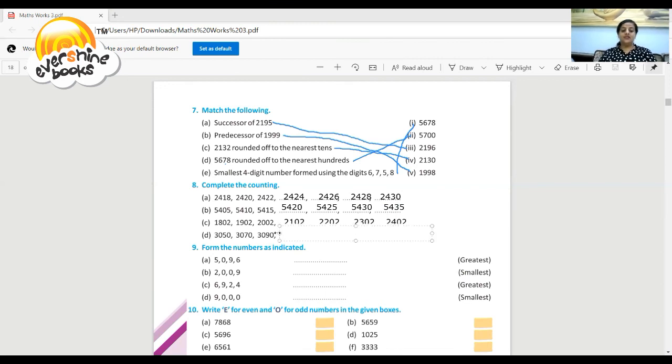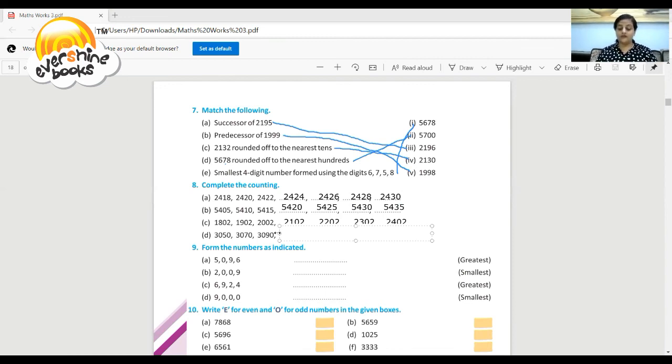Next is 3050. Okay, it is going to be added with how many? That is 20. Just see 70 is written and 60 is gone. So what we are going to do? We are going to follow the same pattern, that is 3050, 3060, leave it, 3070, then 3090. 3090 has come.